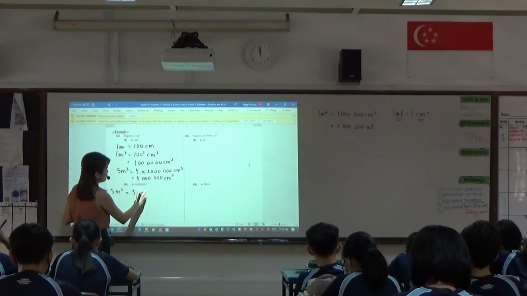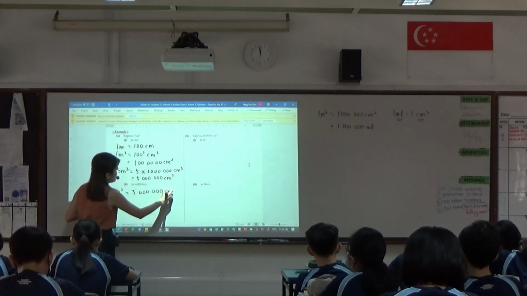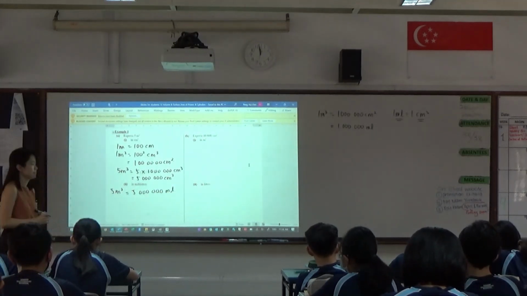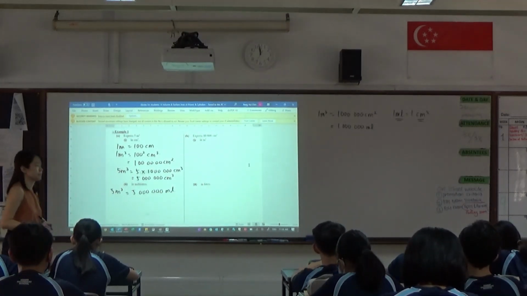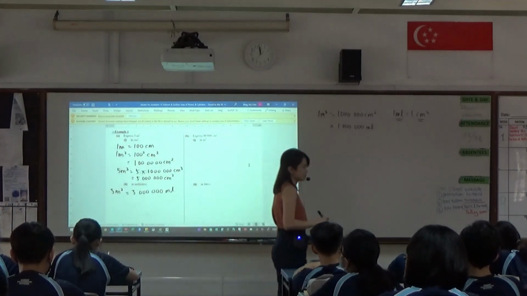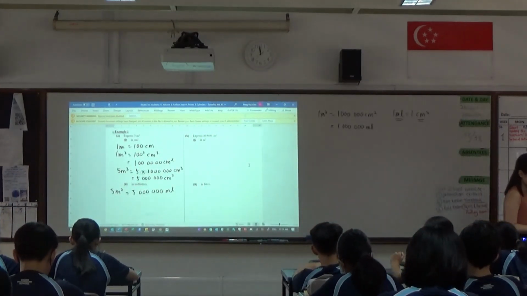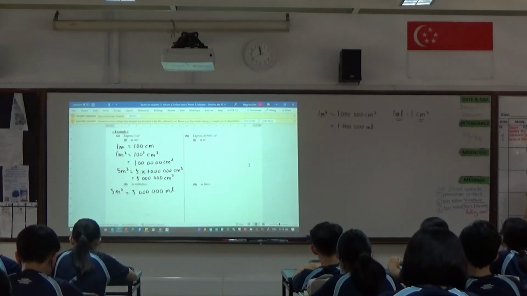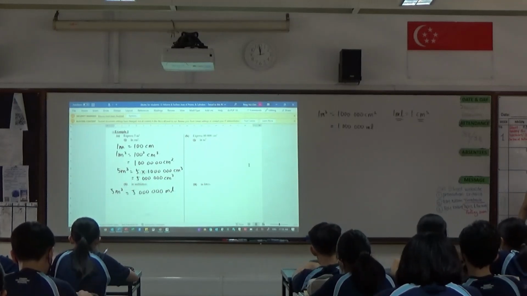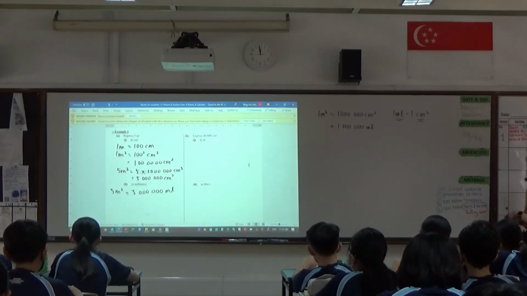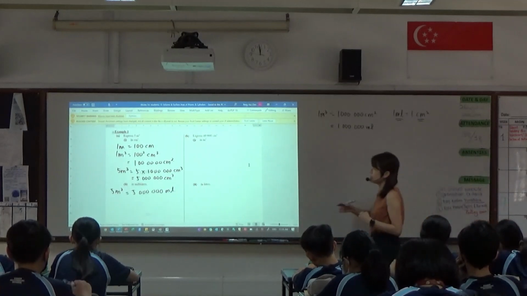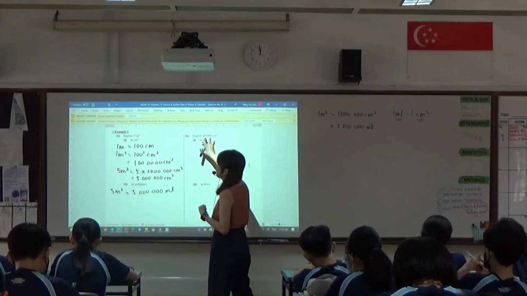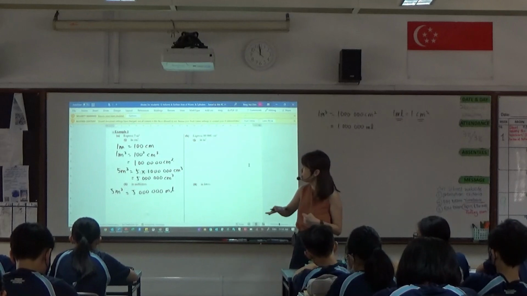It will be equals to 5 million milliliters. Do the same for part B, where we are given 80,000 cm cube.